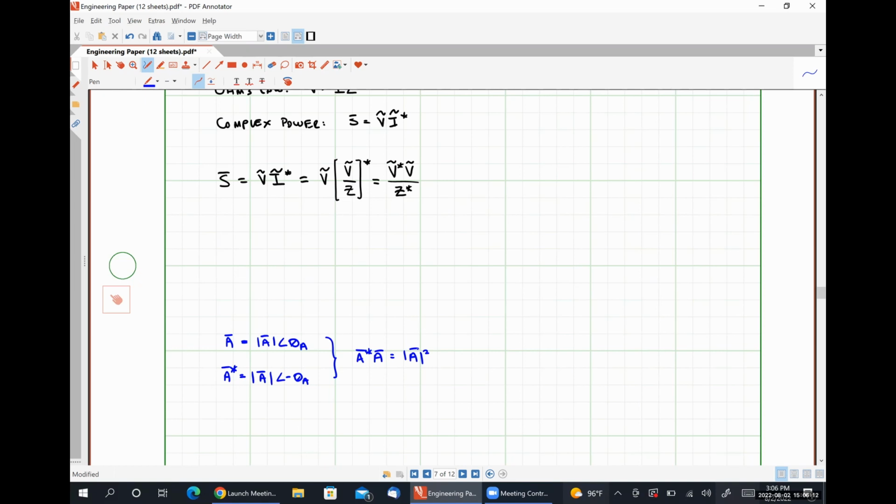So when I multiply a complex number by its complex conjugate, I simply get the magnitude of the complex number squared.